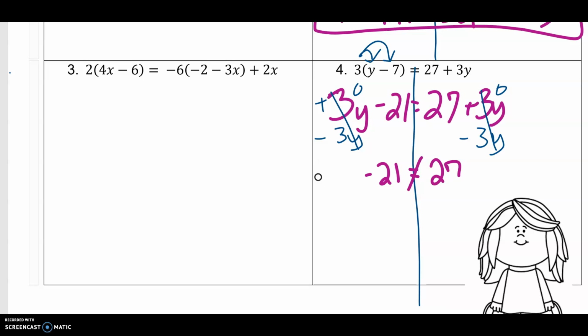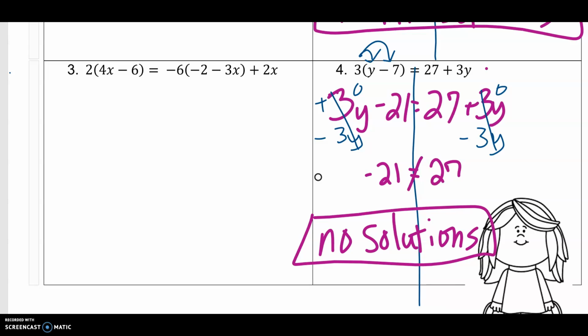When you have all of your variables go away in the process of going through your steps, and you end up with a statement that's false, like this one, that means there is absolutely nothing that we could plug in for y up in the original equation and get a true statement from that original equation. There are no numbers that will work. So that means that there are absolutely no solutions that will work for this equation. So that will be our answer.